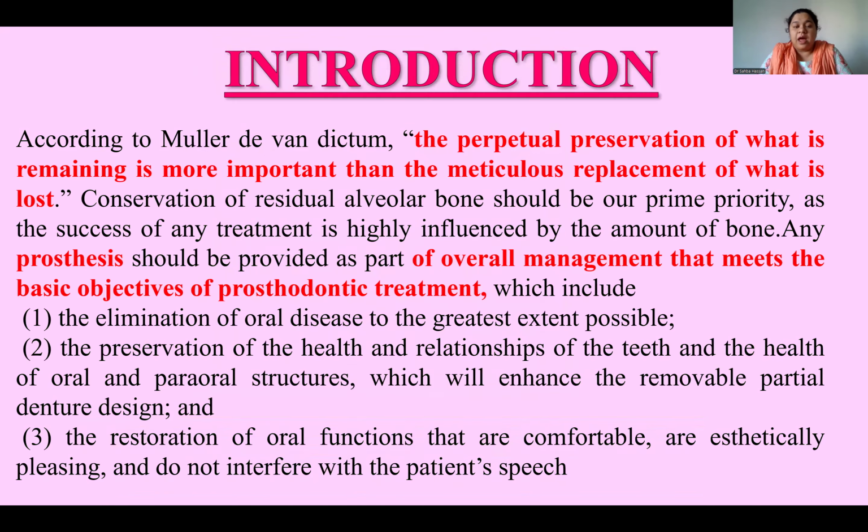Before giving an introduction and explaining the classification, one thing I would like to tell all my students is that whenever a patient comes to the clinic, when we do diagnosis, we should always make a good treatment plan. The treatment plan and treatment should be such that we do not do something which will harm the patient.